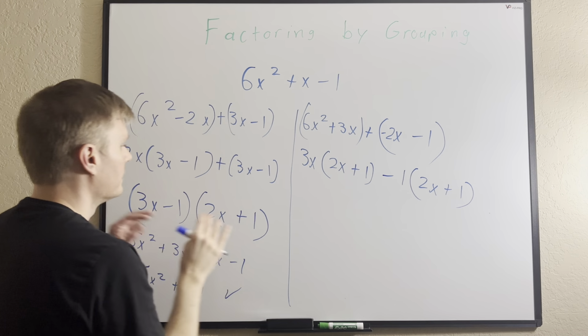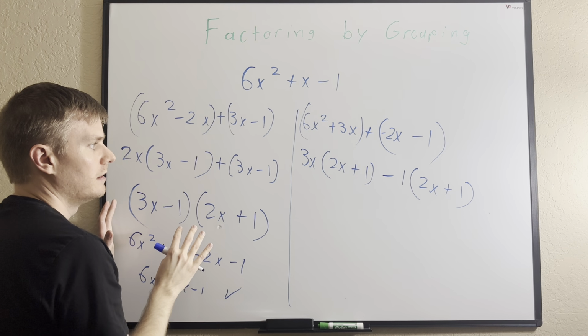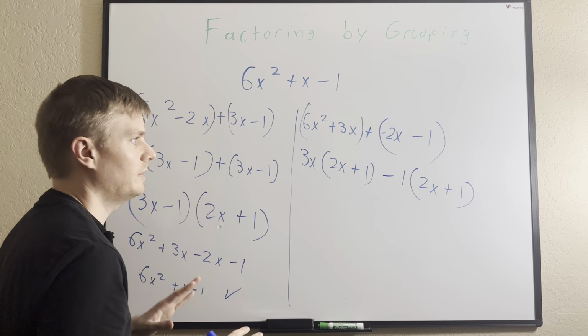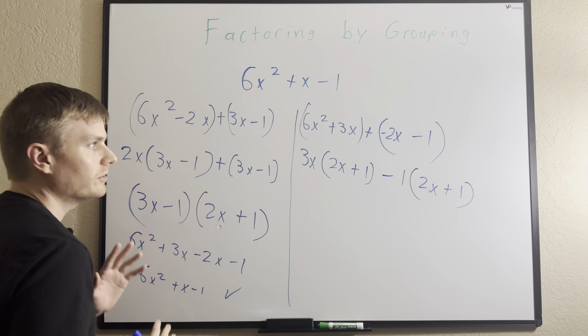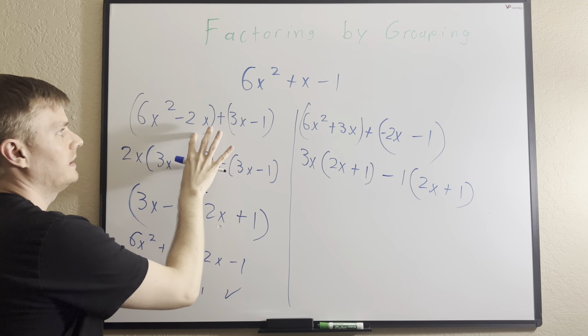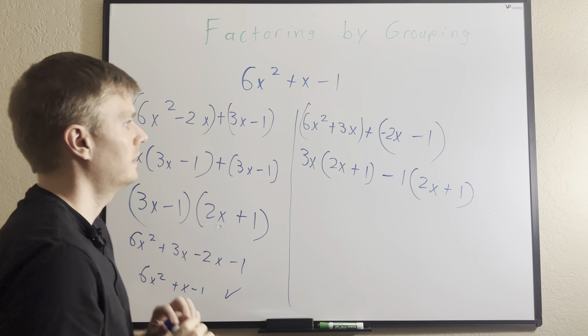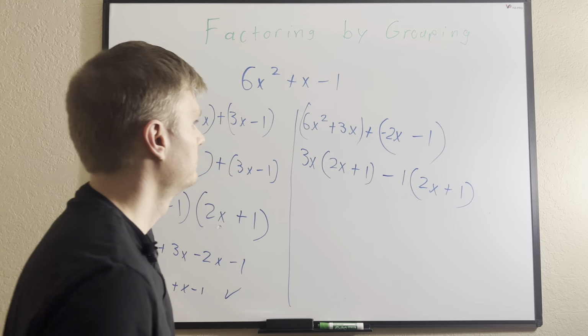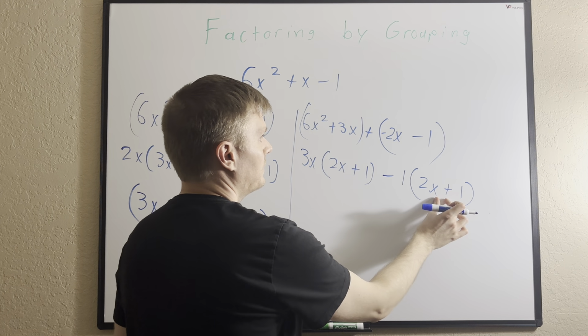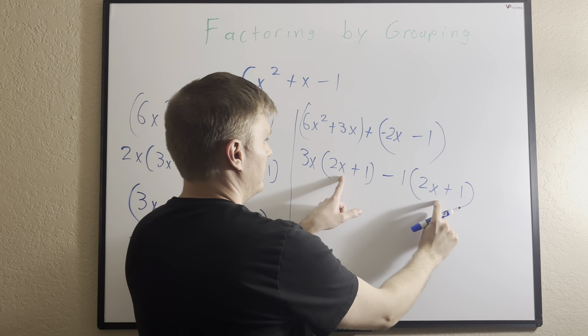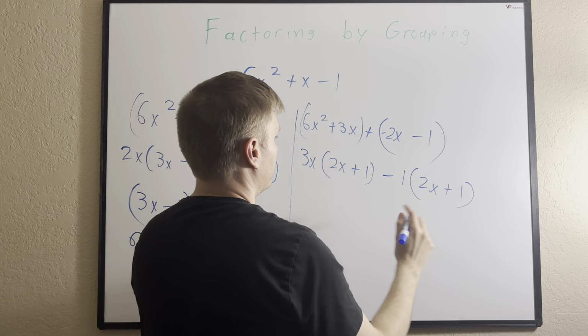So either way, you're going to get the same answer, but maybe this might be a little more difficult for you, so you might be grateful that you did it the other way. Put that -2x first, but get the same answer anyway. So, greatest common factor, once again, is this 2x plus 1.